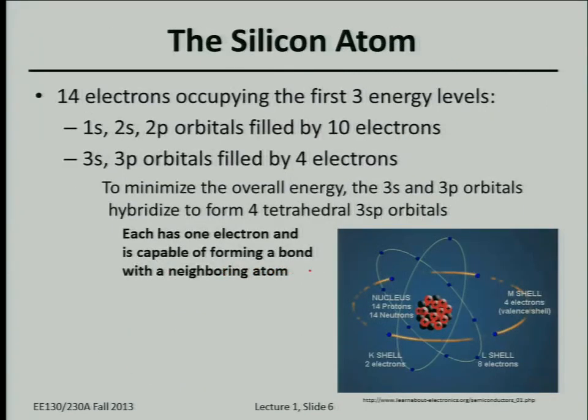So I just said that. Each of these 4 hybrid sp orbitals can form a covalent bond with a neighboring silicon atom. And that's why every single one of these silicon atoms is bonded to 4 nearest neighbors.